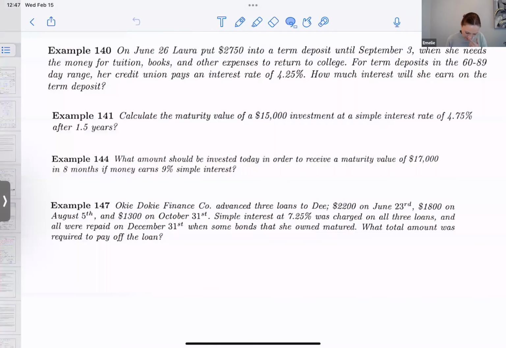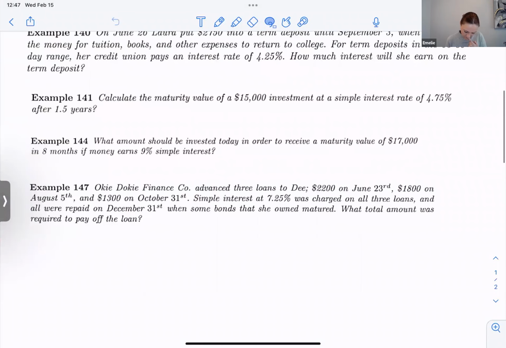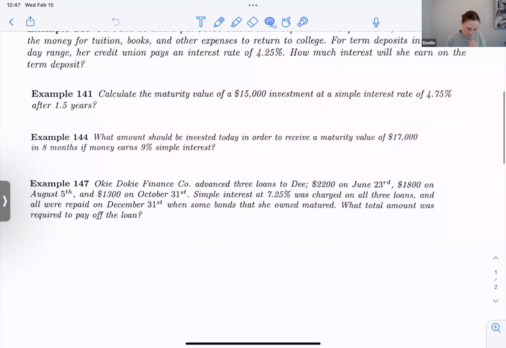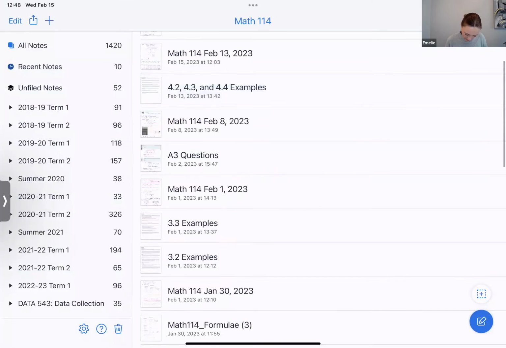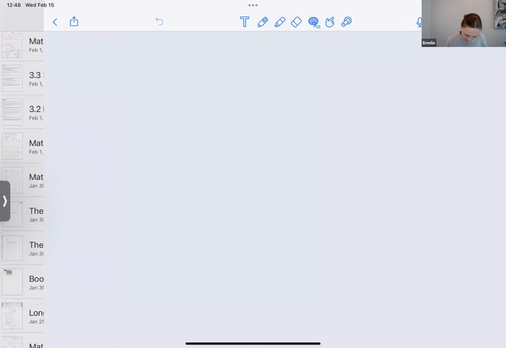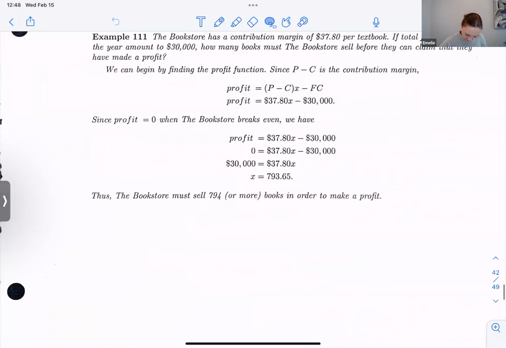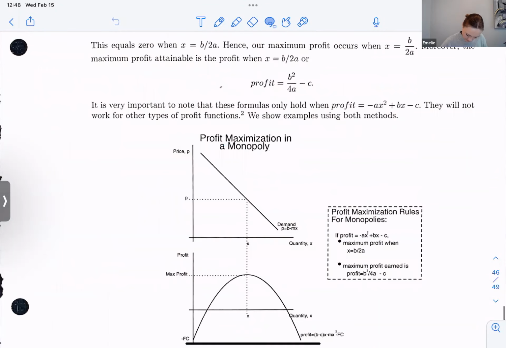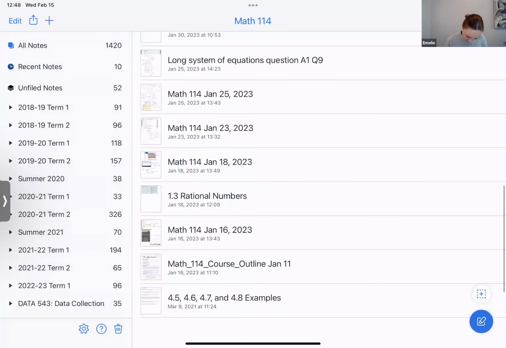I thought I had it. We've already solved that one. Of course, it's in part 3.